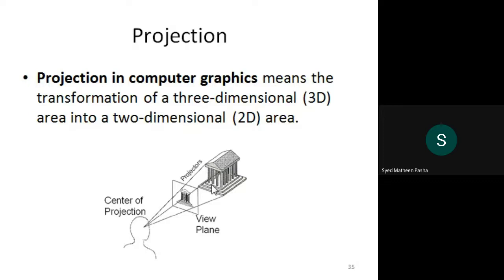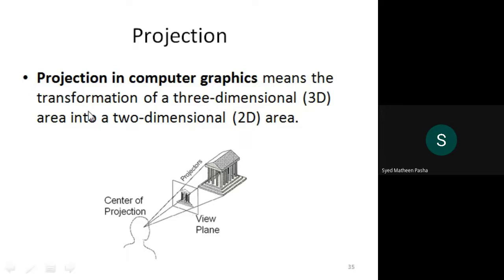That kind of incidence on the screen is called projection. The best example is the projector we use in classrooms, where videos, slides, PPTs and different images are projected onto your screen. That is called projection.